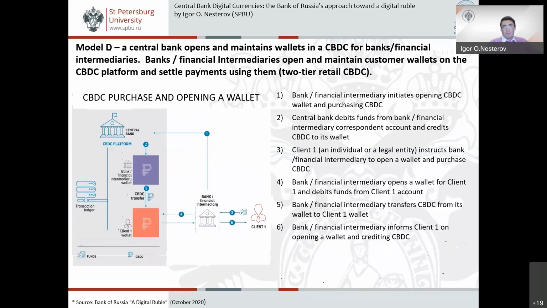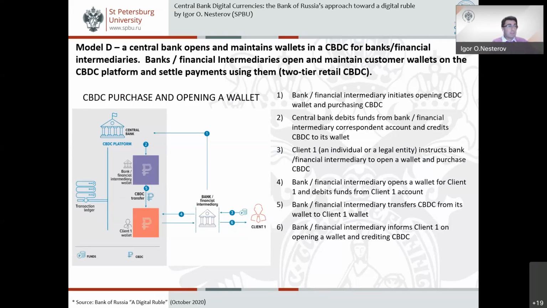And now a couple of words about the fourth possible model, that is Model D. It's quite similar to the model of intermediation that banks play today in the financial system.